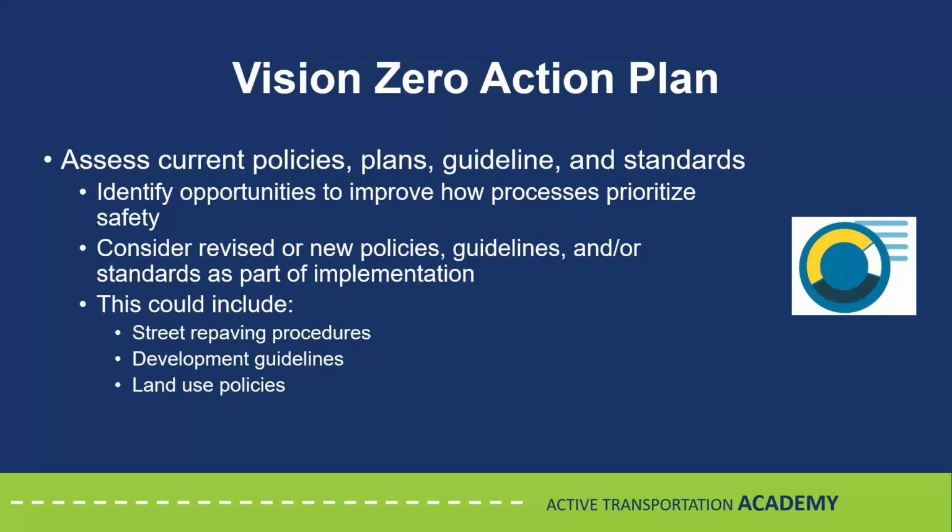You may have a recommendation about land use policies that makes it affordable for transit to reach employment centers by discouraging sprawl. Remember, evaluating current policies, plans, guidelines, and/or standards is one of the items on the Safe Streets and Roads for All self-certification eligibility worksheet.